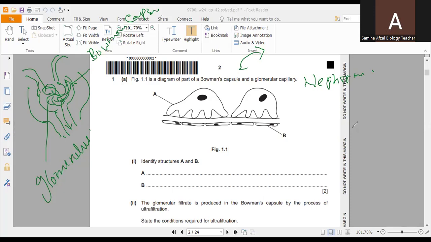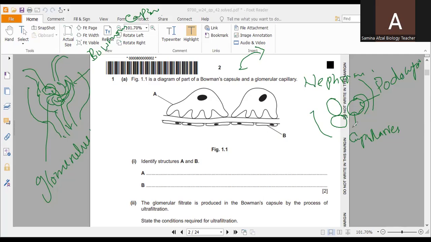And here you can see inside them, these are the capillaries where the fine filtration takes place. And here, podocytes are there.